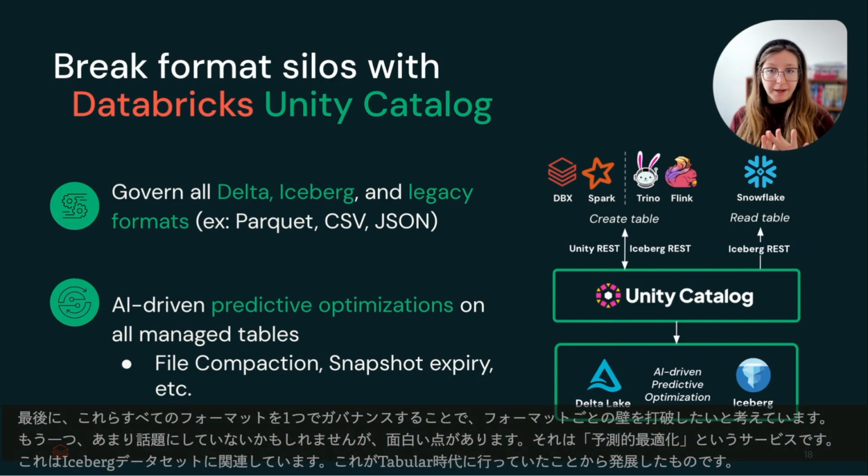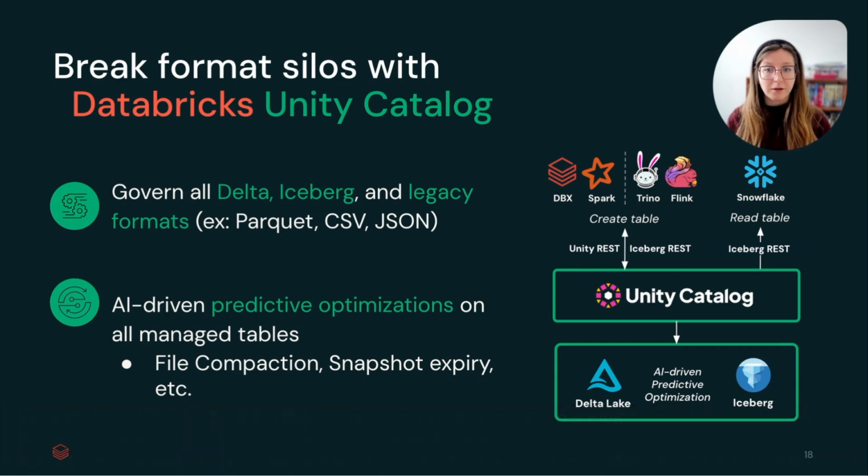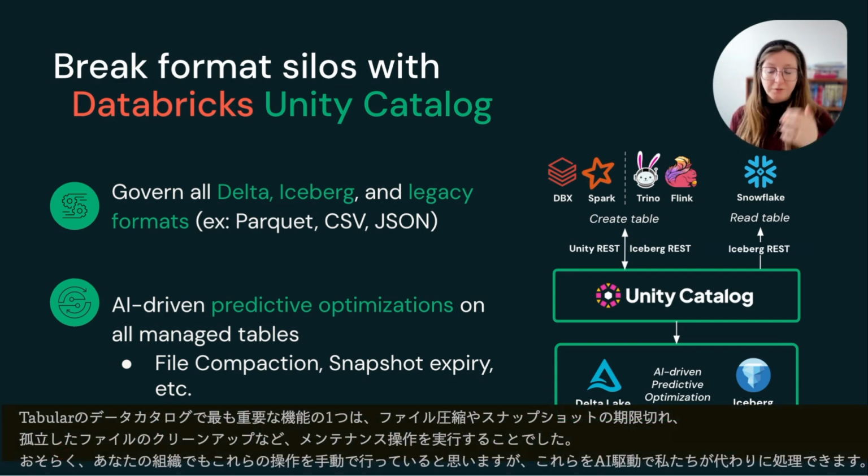Finally, we want to break the format silos by governing all these formats under one roof. And I think the other piece that's maybe interesting here that we don't really talk about too much is we have a service called predictive optimization. When it comes to Iceberg data sets, and this came from what we used to do at Tabular, one of the biggest features that we had at Tabular as part of our data catalog was all the maintenance operations.